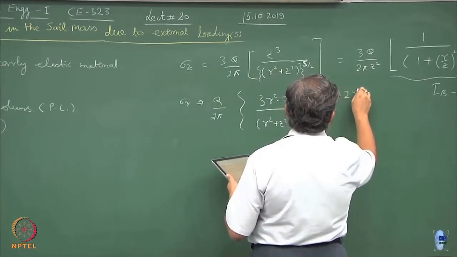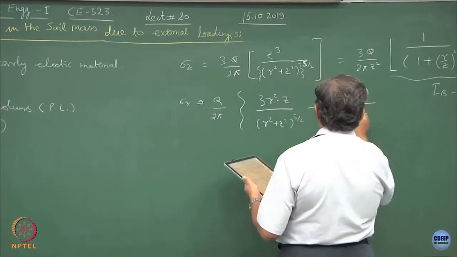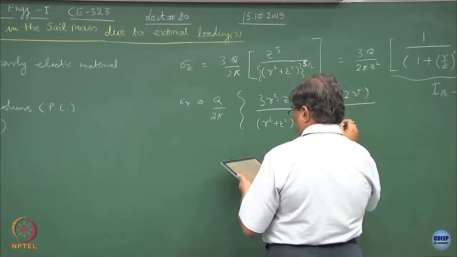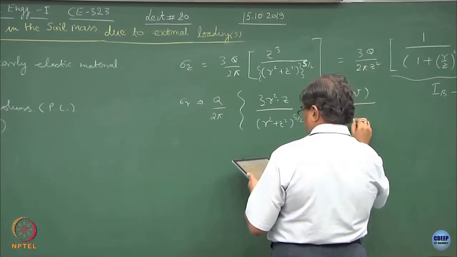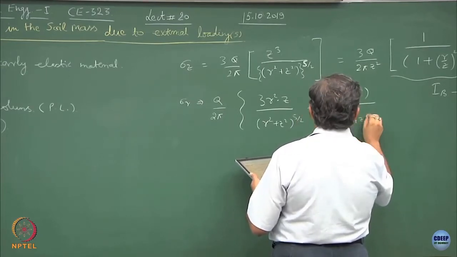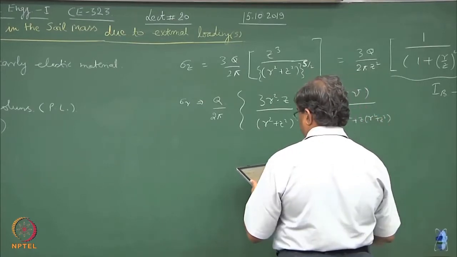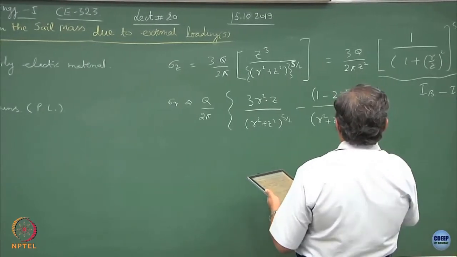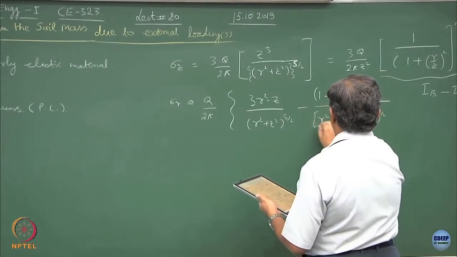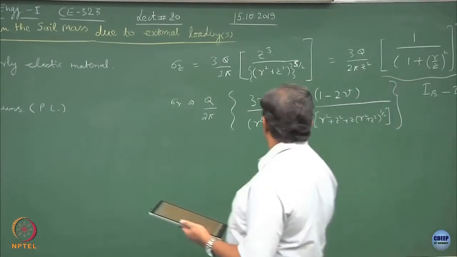One minus 2 mu upon r square plus z square, plus z r square plus z square to the power, alright.